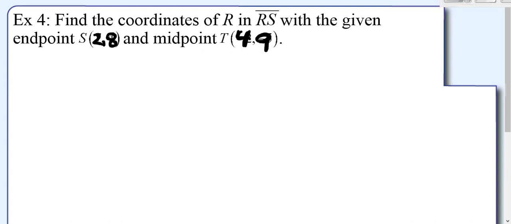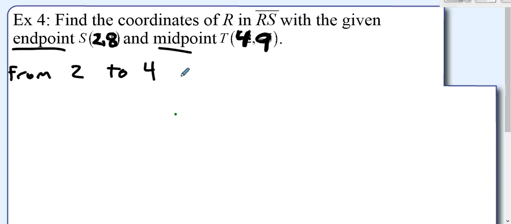So here we've got a brand new problem, just like the last example. We changed the numbers around a little bit. Now, we're going from the endpoint to the midpoint. That means we're going from 2 to 4. What do you need to do to go from 2 to 4?